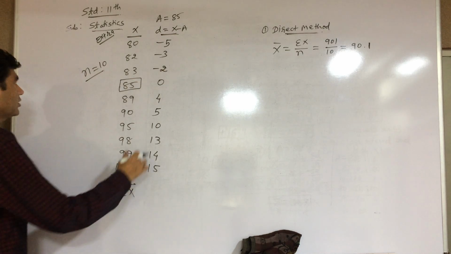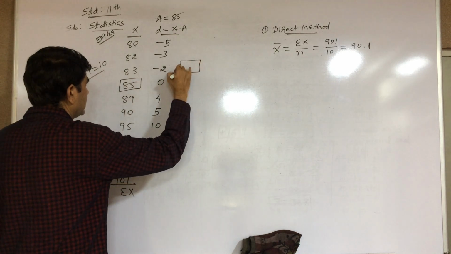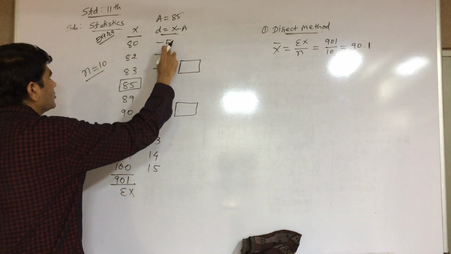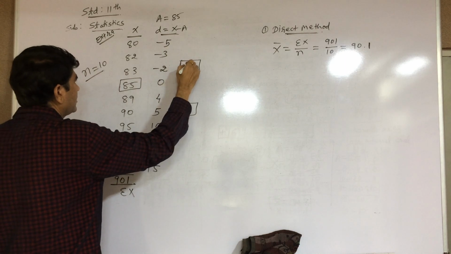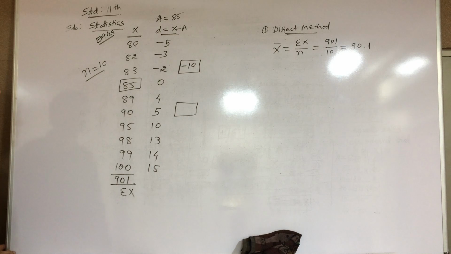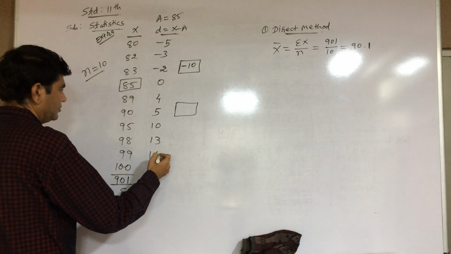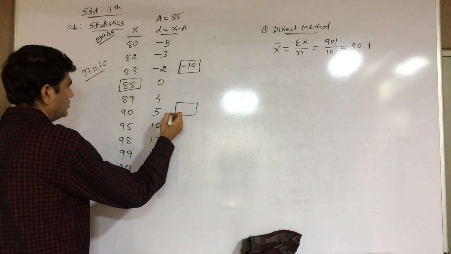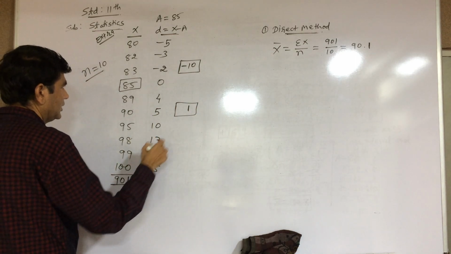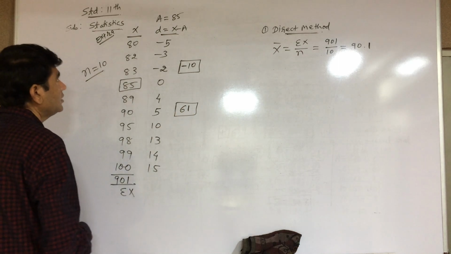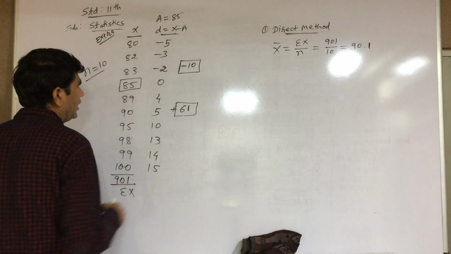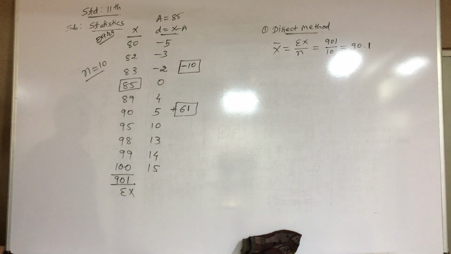Okay, we calculate separately, first negative data and then positive data. So negative value is minus 10 and positive calculation is 61. So plus value 61 and minus value 10.